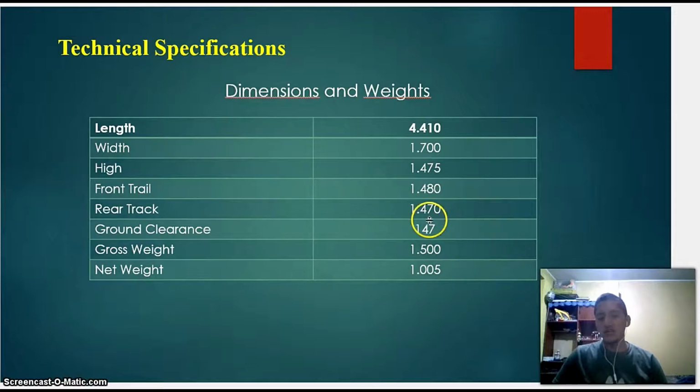The rear track is 1.417. The ground clearance is 147. The gross weight is 1.500 kilograms. The net weight is 1 kilograms.